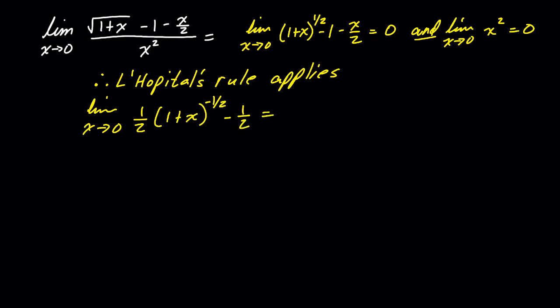If you plug 0 in, you're going to end up with 0. And then we'll do the limit as x approaches 0 of the derivative of the denominator, which would give us 2x. Plugging 0 in is going to give us 0.